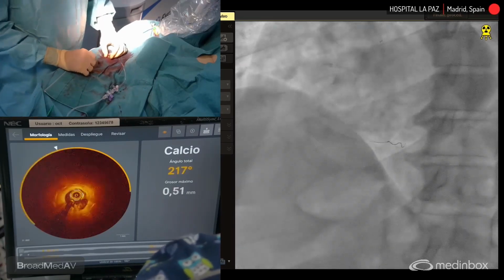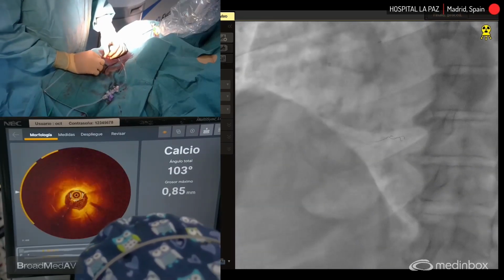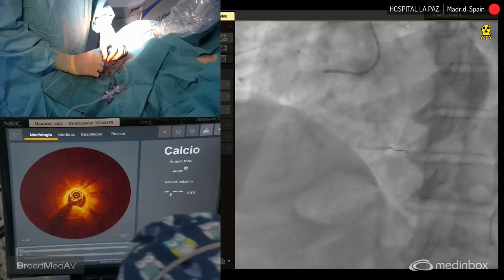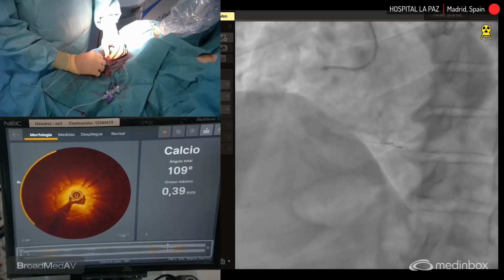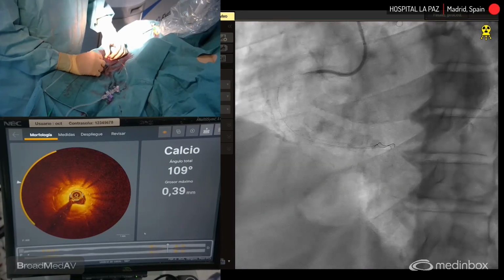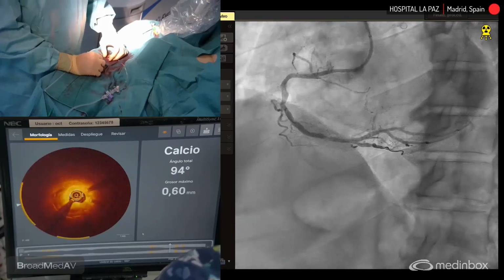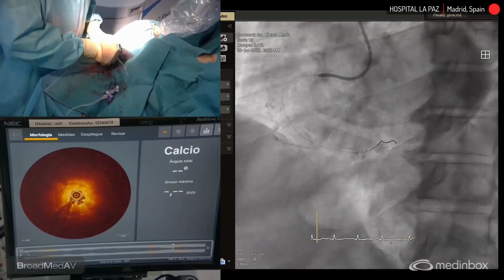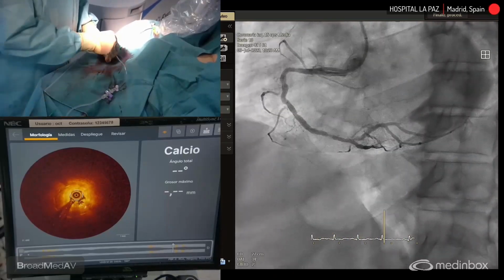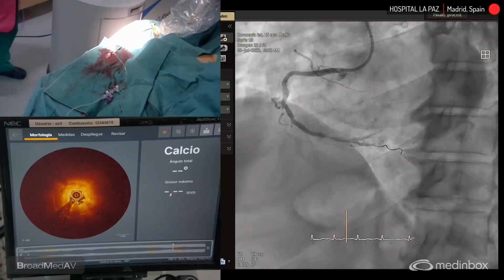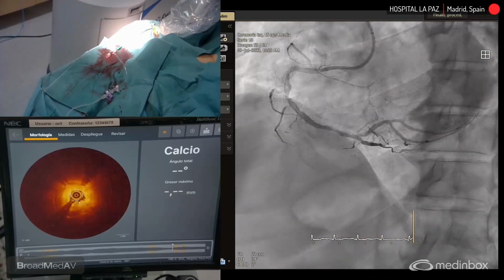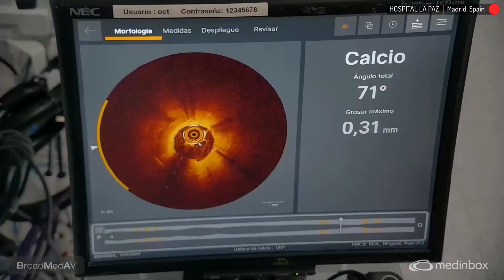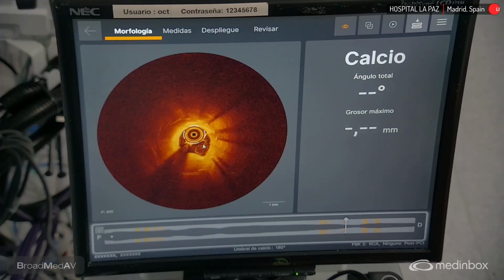Okay, it seems that the ST elevation is going down. Test, please. Cine, por favor. Okay. ¿Se va pasando, Francisco? Look at this. We can see some dissection in the more stenotic segment of the vessel, from proximal to distal.